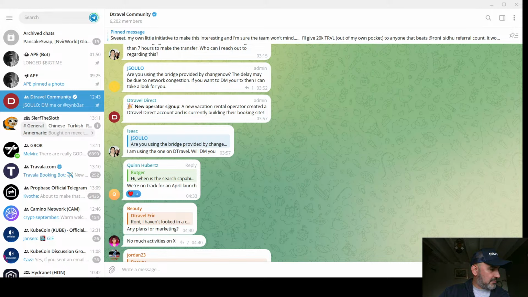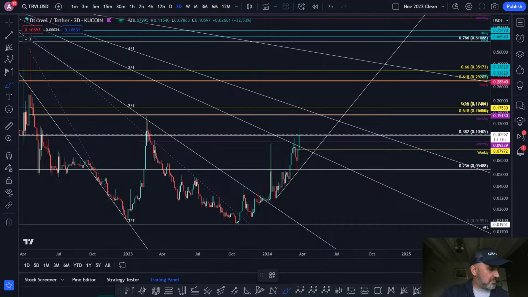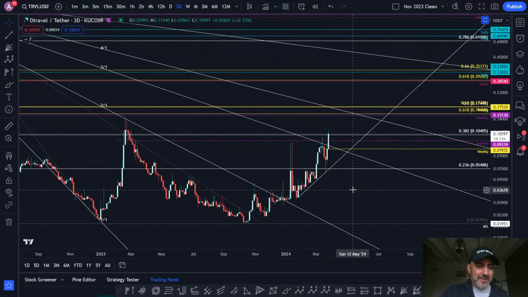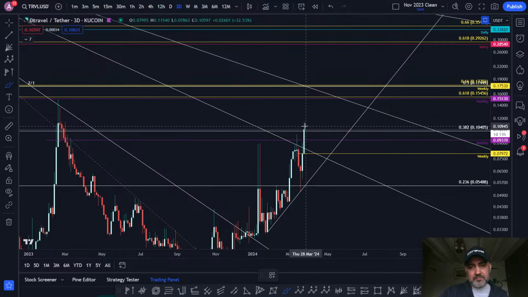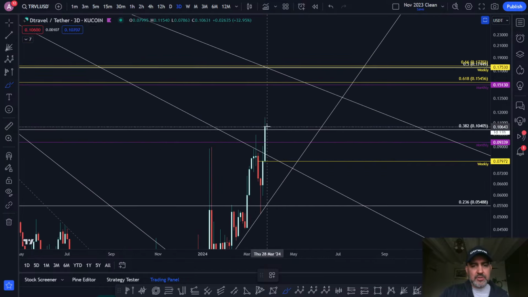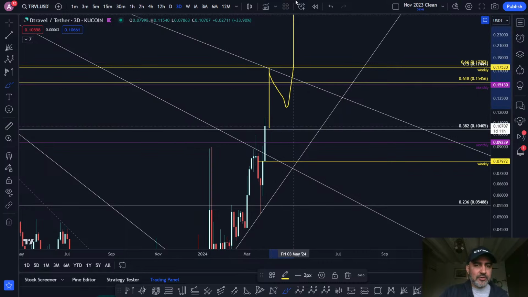I think that's quite big. I don't know. So I am thinking, let's see. Look, this is looking extremely bullish. Do we back test this level to hit the next level next week? A little pullback for an April launch, which takes us through.